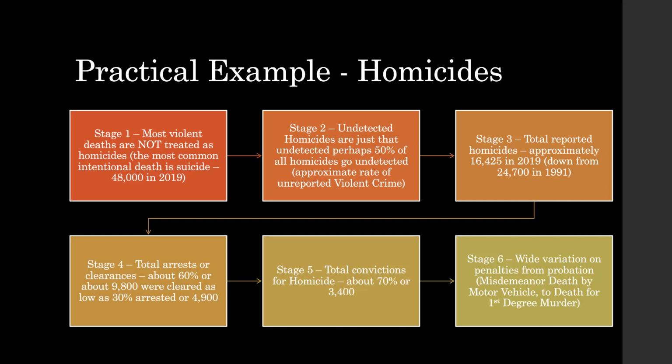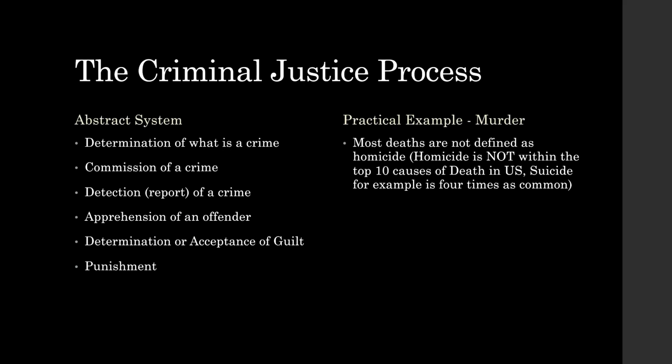About 70% of those arrested get convicted. So if we started with 16,000, now we're down to about 3,000 arrested or cleared. And there can be wide variations in our last step about how people are punished. All right, so we have an abstract system. What's a crime? Commission of crime, detection, apprehension, determination, punishment. Then we got the practical example of how it works.